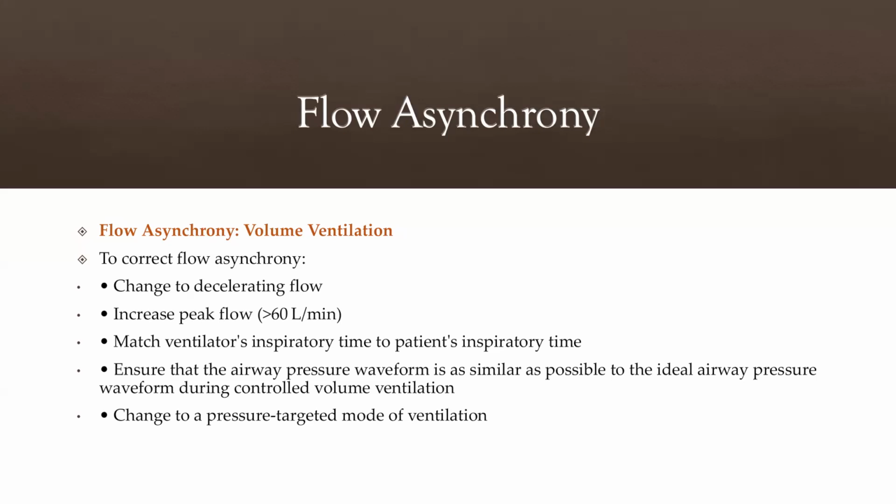Then it says increase peak flow to greater than 60 liters per minute. Again, that's just delivering more flow to meet the patient's needs. Match the ventilator I time to the patient's I time. Do you like the last suggestion? Change to a pressure mode.